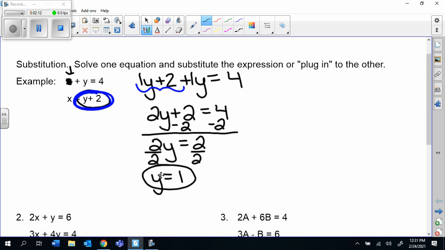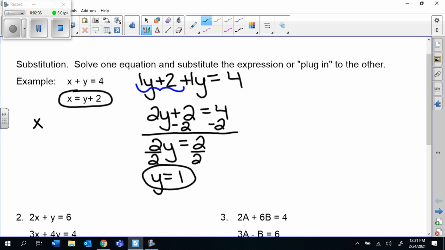Now, it's not quite enough to solve for one variable. You need to make sure that you solve for both. And so oftentimes a big thing I hear from students is, I don't know where to go back and plug it in. We've got to plug it in so that we can figure out what the x value is. This is the perfect place right here because it's already solved for x.